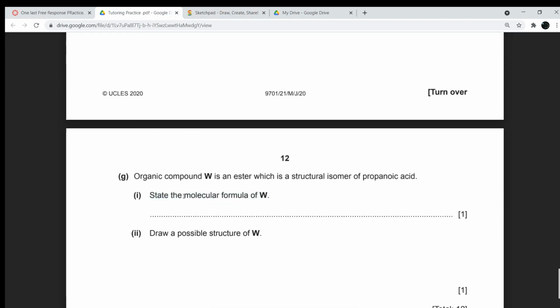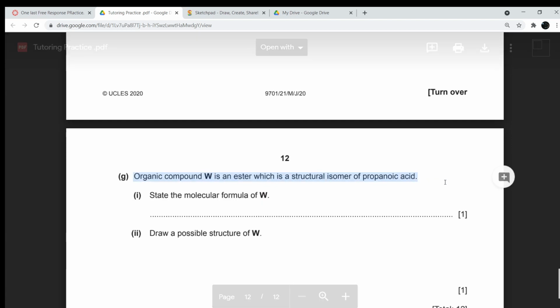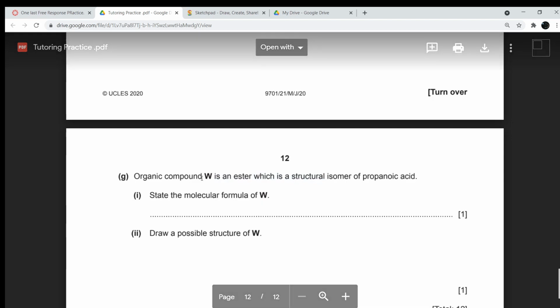State the molecular formula of W. Okay, molecular formulas, literally counting how many of each type it is. I didn't even read this part, to be honest. But organic compound W is an ester, which is a structural isomer of propanoic acid.